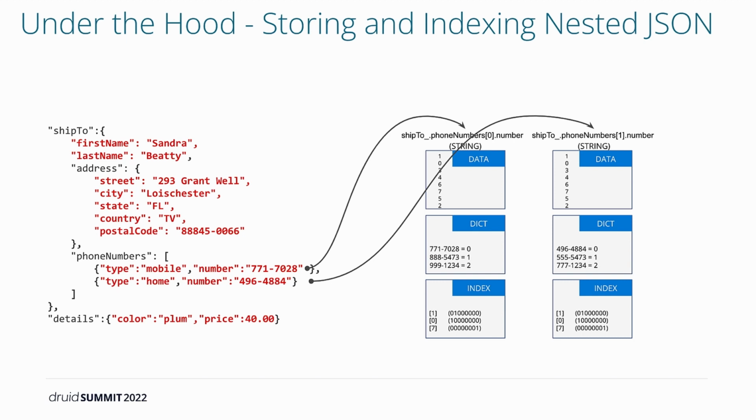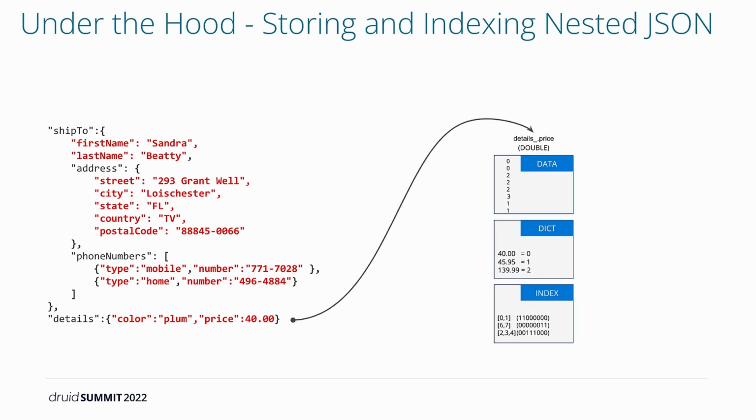Each of the internal fields within that array will get its own column, and we'll get a separate set of columns for phone numbers index 1, where it'll also have phone numbers 1.number and phone numbers 1.type. This is how it translates arrays at the moment. This means that when you query them, you will also need to specify the array index, which is not ideal in some query situations. And this is why there's future work in this area that we'll talk about at the end of the presentation.